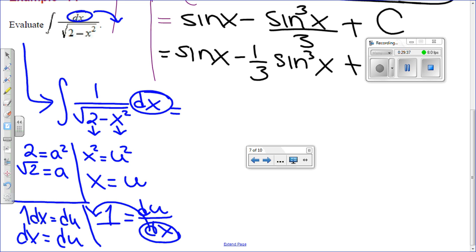Okay, now I'm going to do my substitutions. So instead of 2, we're going to use a, which will be the square root of 2.